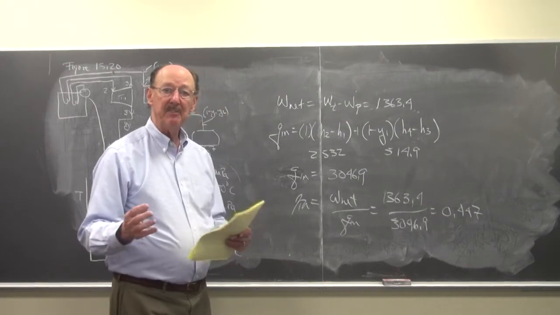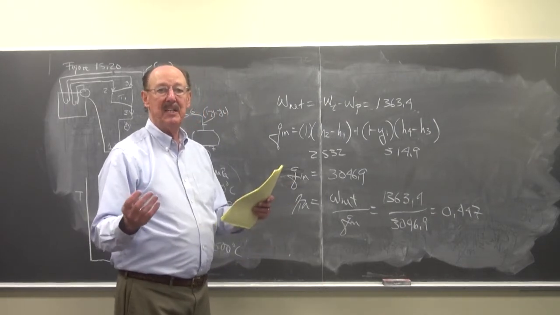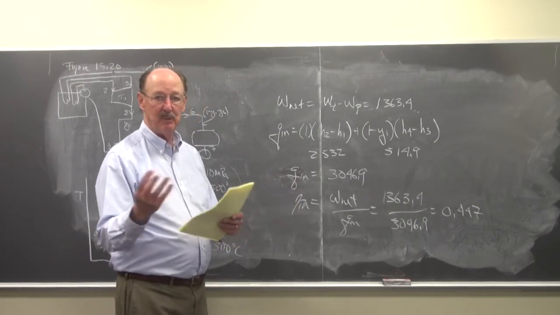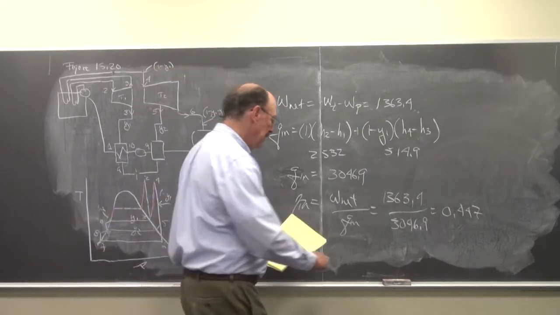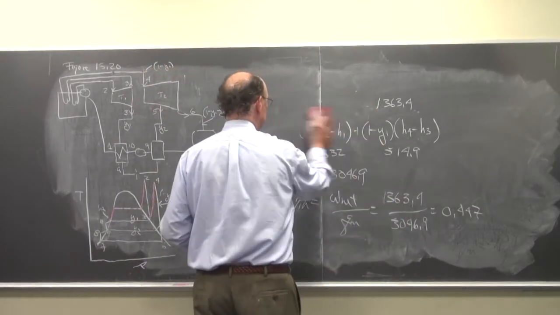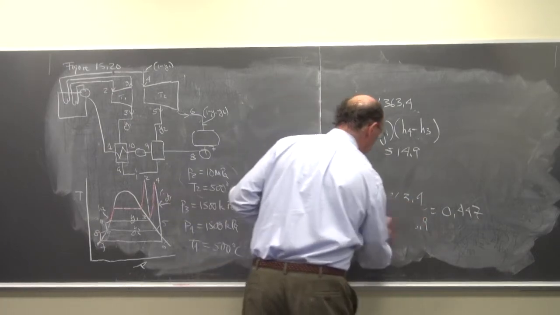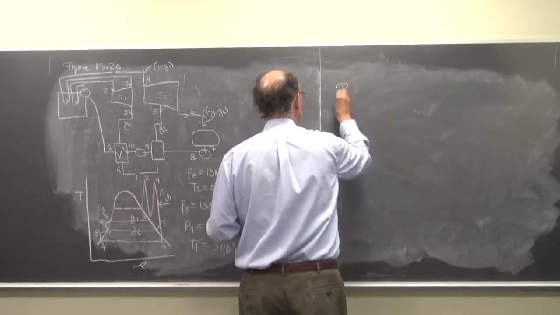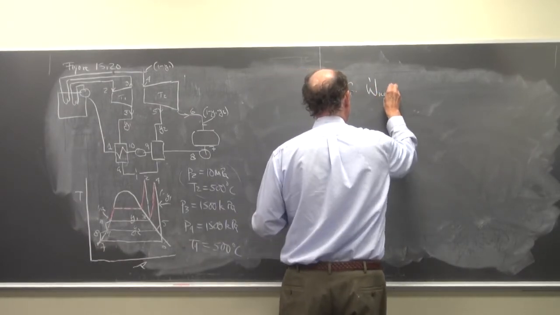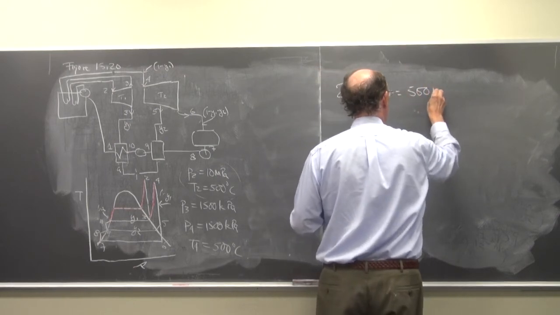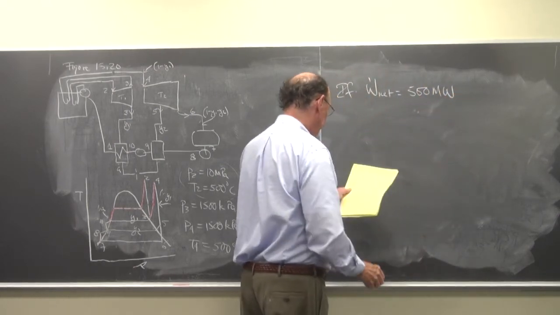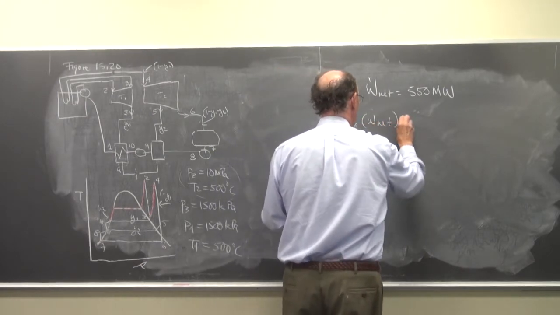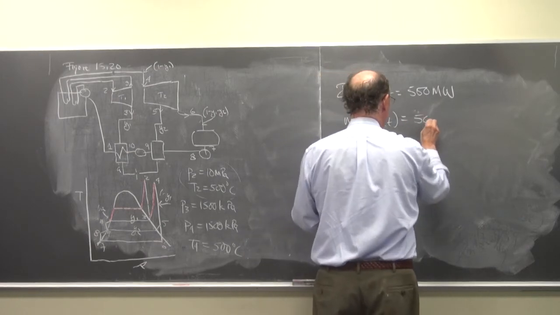And I'm going to find the mass flow rate. So let's say we want the net work to be 500 megawatts, as we've talked before. Then we'll find the mass flow rate. We'll just do a slightly different calculation and find pipe diameters. So if W dot net is equal to 500 megawatts, then the mass flow rate of the steam times w net is equal to 500,000.